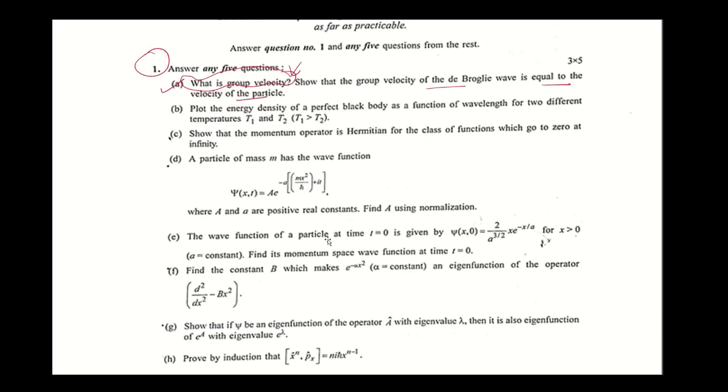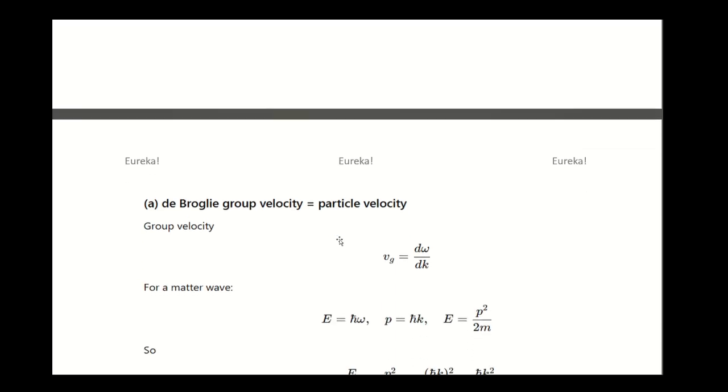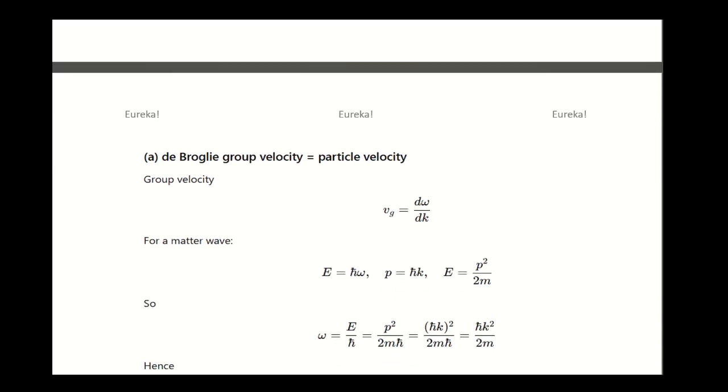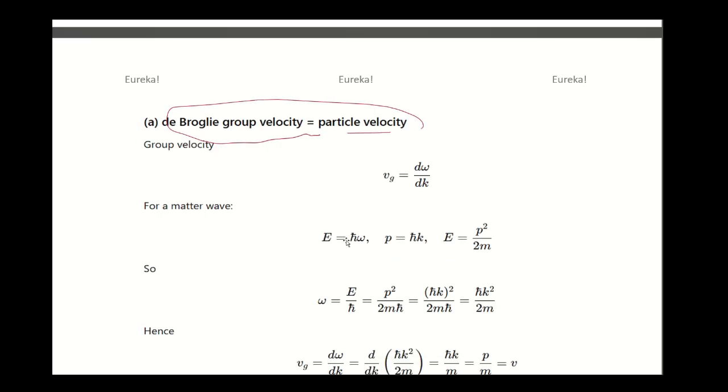So let's see. We have to equate them, that is the de Broglie group velocity is equal to the particle velocity. In general, group velocity is defined as Vg equals d omega by dk, where k is twice pi by lambda, and omega is the frequency.